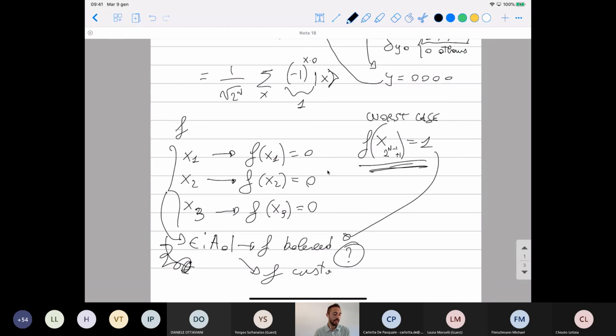Yeah, all x's are different. One example could be 0, 1, 0, 1, 0, 0, 0, 1, 1. X belongs to the set 0, 1 to the n. So the x's are all different.